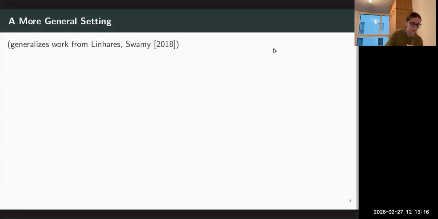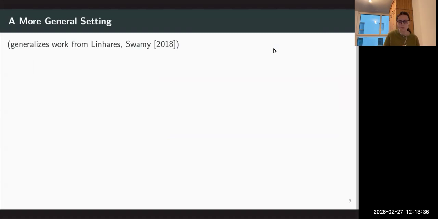I should say that our work here also generalizes earlier work by Linhares and Swamy from 2018. This was in the context of degree-bounded spanning trees, but we generalize their results significantly.